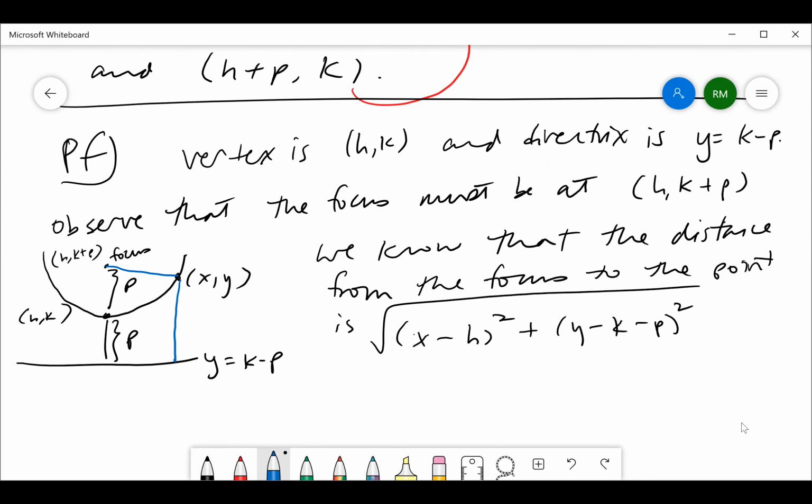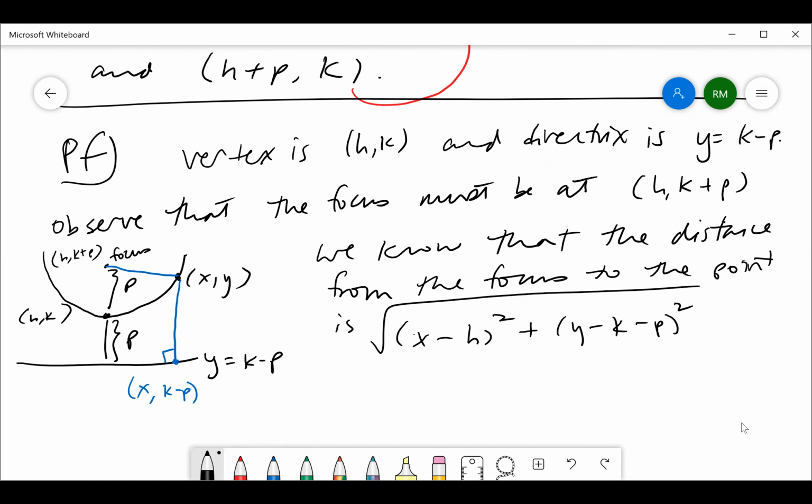And the question is, what's the distance to the directrix? Well, we see that the x value doesn't change. This is a point x right here, and the y value is just k - p.